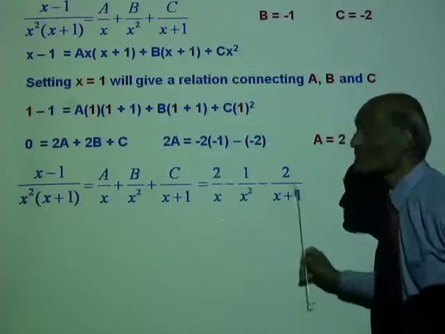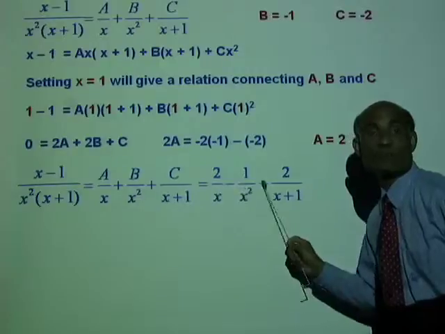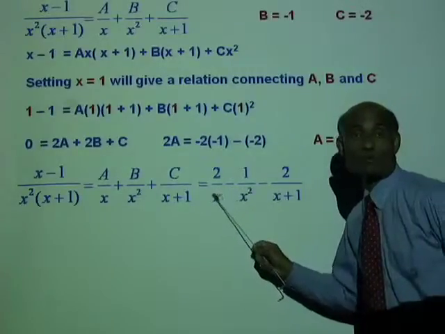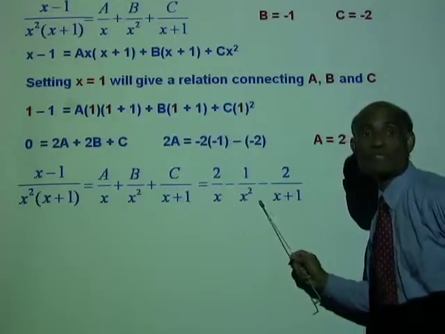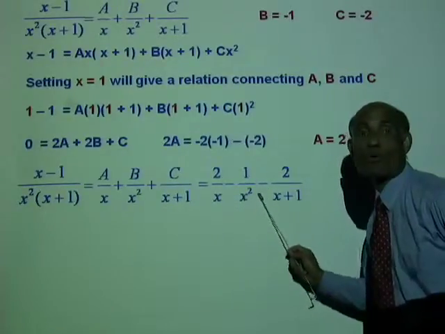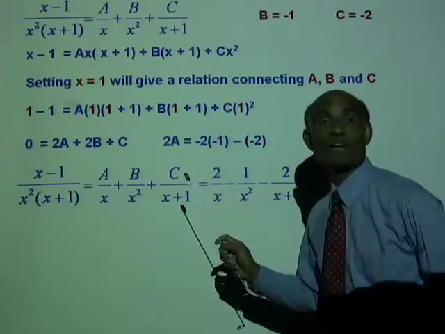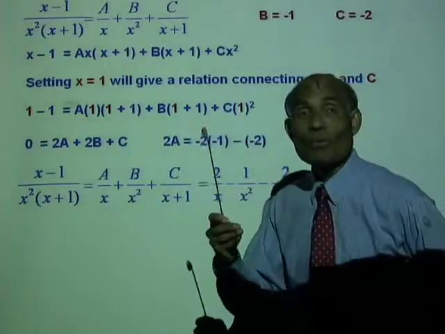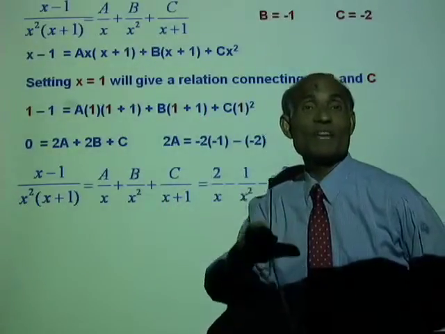And we can now integrate this. I'm sure if I ask you to integrate each of these, there will be no trouble. Let me ask you, what is the integral of -1 over x squared dx? The integral of -1 over x squared dx is 1 over x, because the derivative of 1 over x is -1 over x squared.